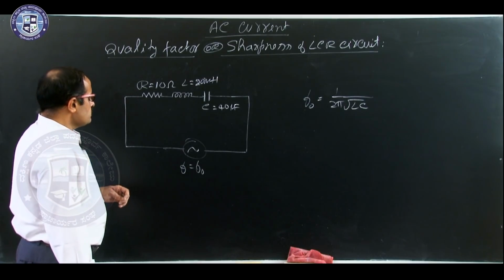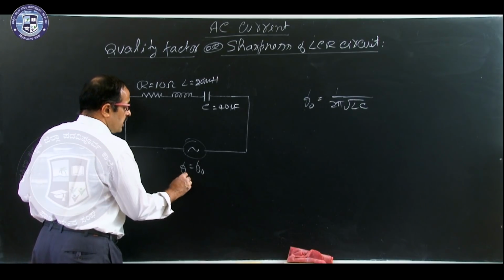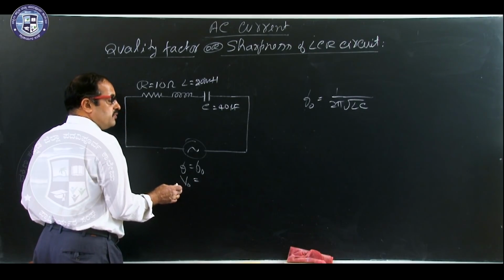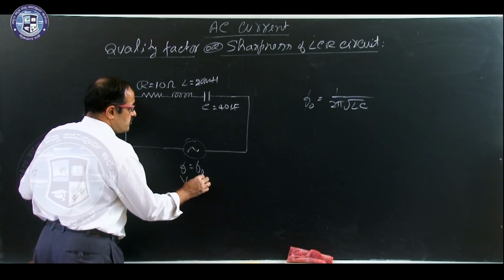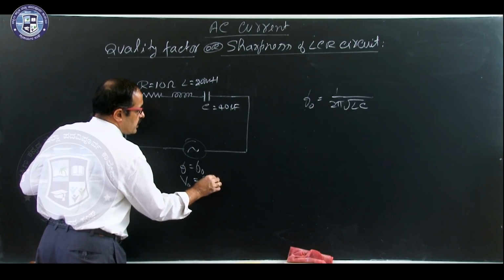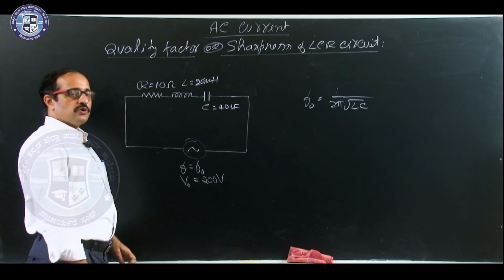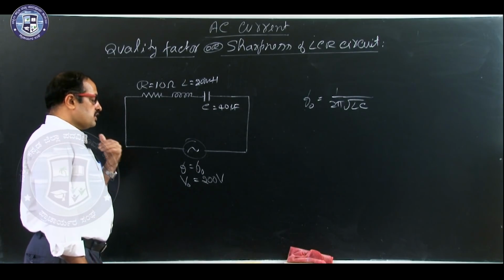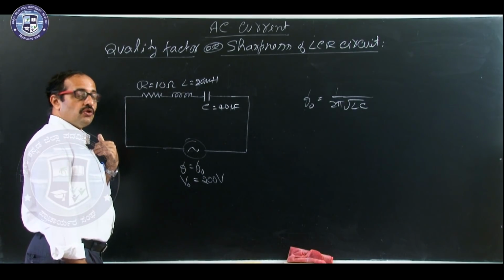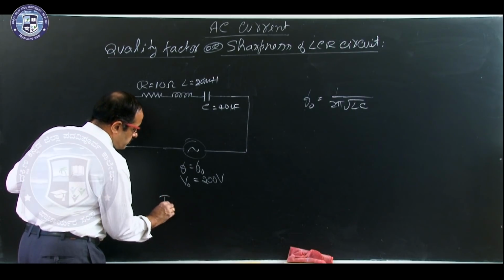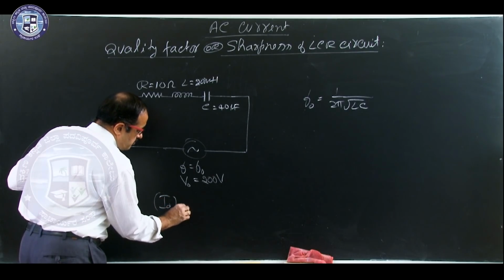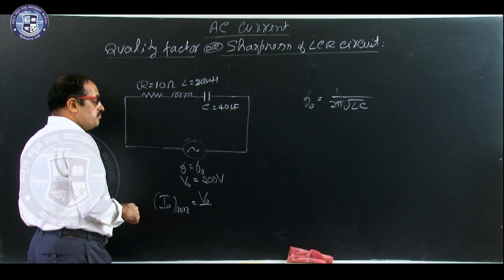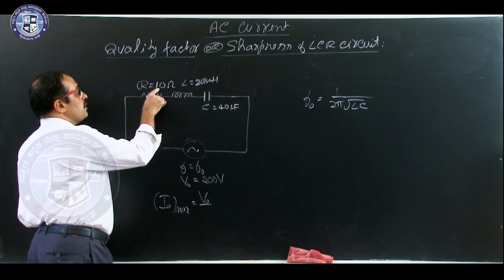Now, let us say applied peak voltage. I am not saying RMS value, applied peak voltage, let us say it is 200 volts. Then already it is at resonance. Therefore, we can find I naught maximum. I naught maximum is equal to V naught by Z minimum. What is Z minimum?